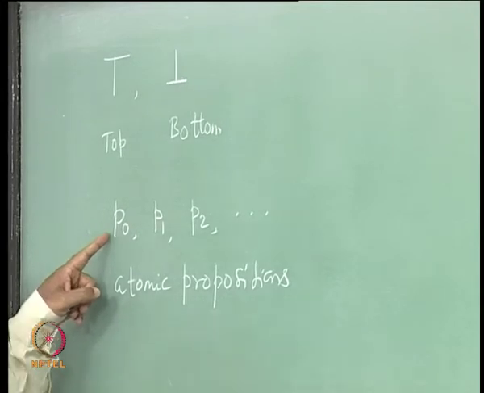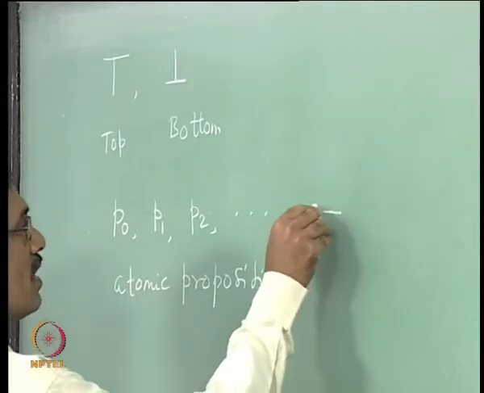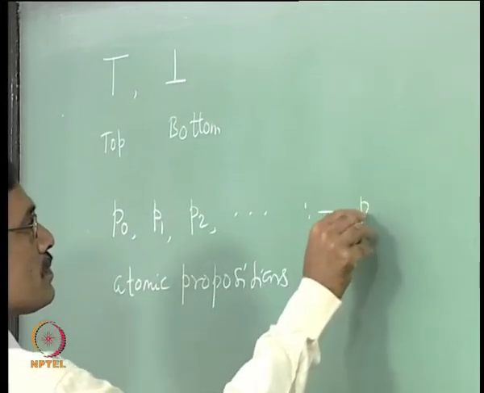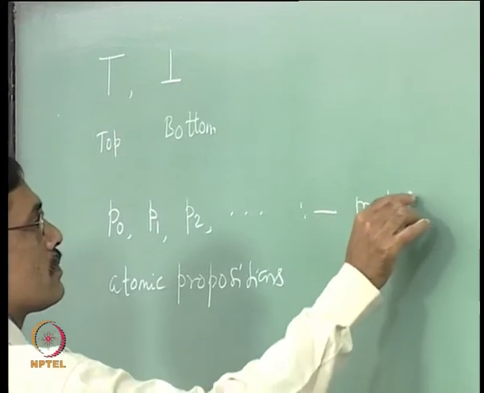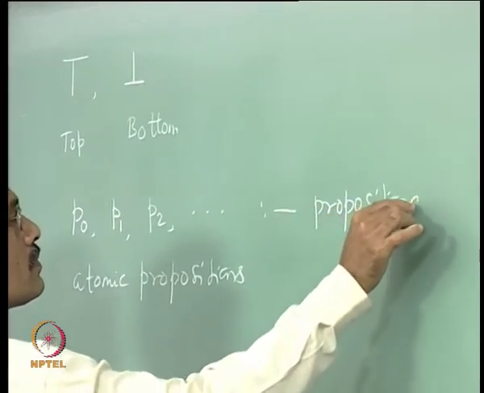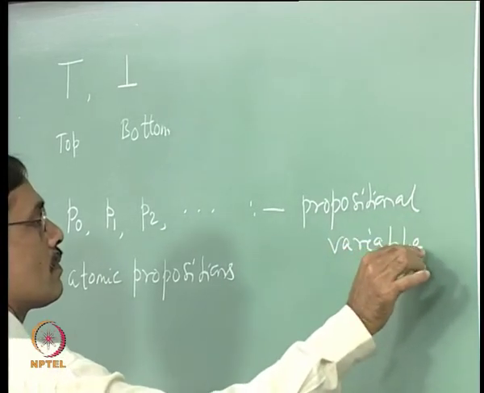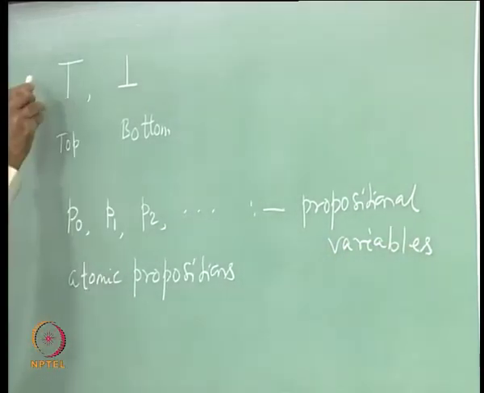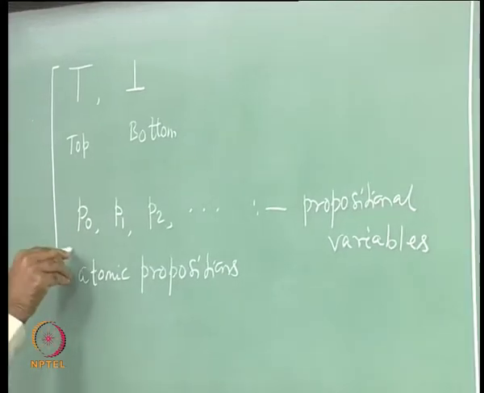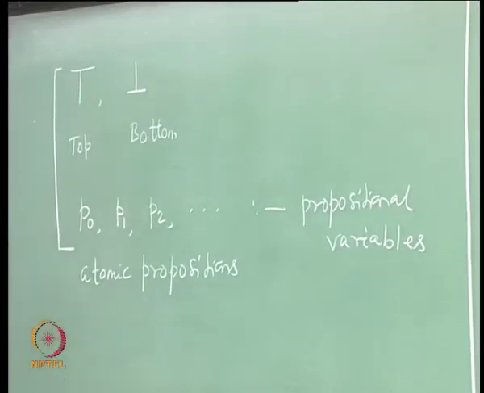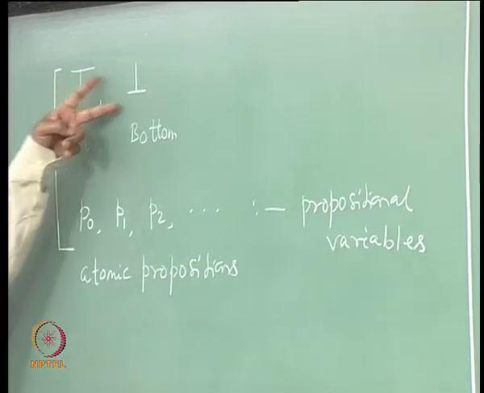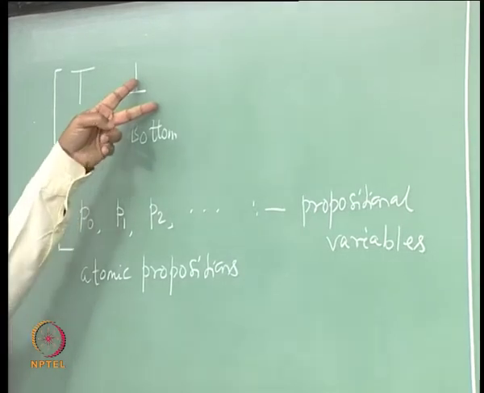So these will be called propositional variables. And both these together will be called atomic propositions. So we are just varying a little bit, but it will be useful for us. So in that sense, these two symbols are called propositional constants.